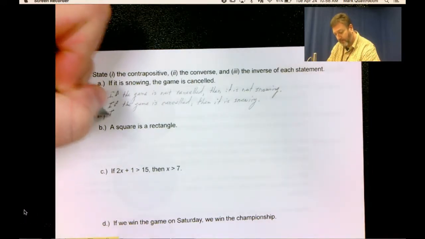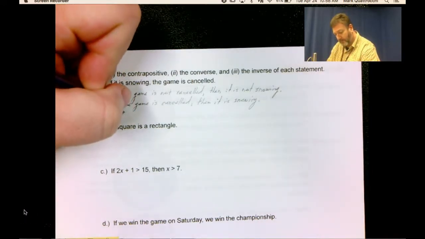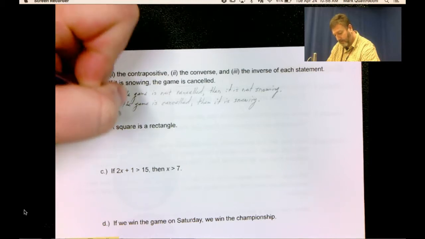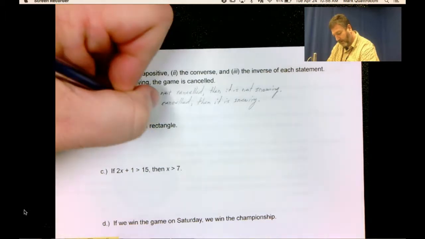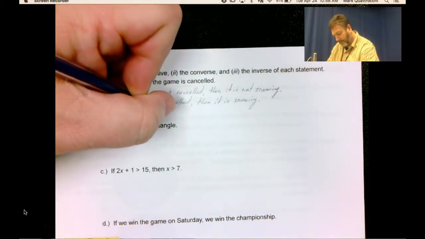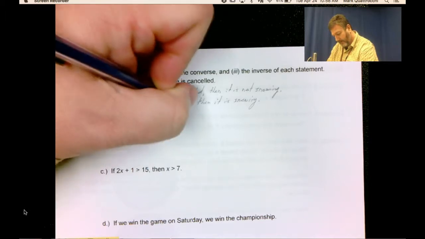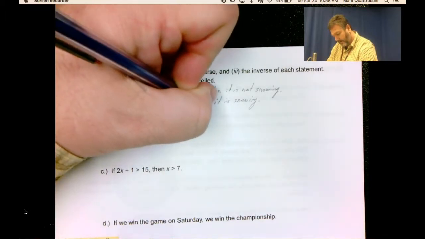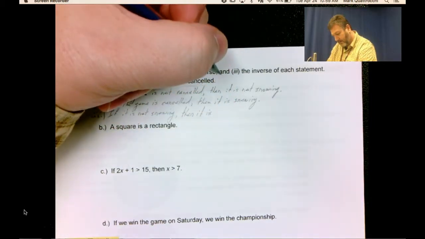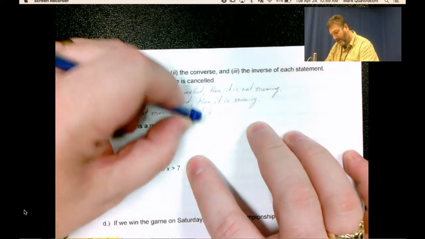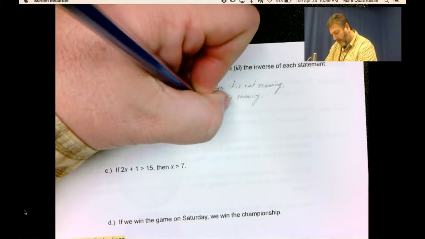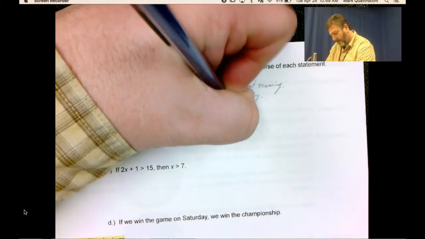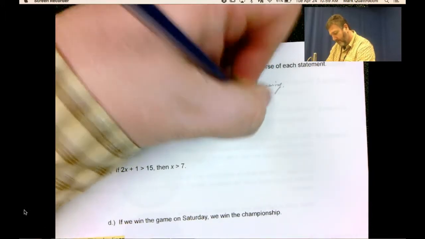So, if it is not snowing, then the game is not canceled.